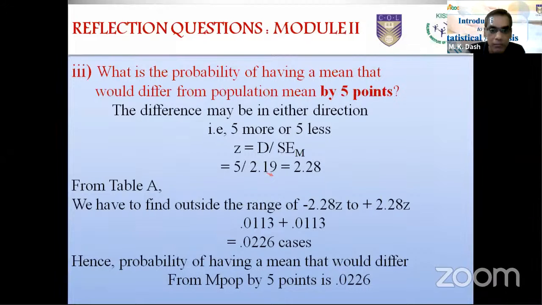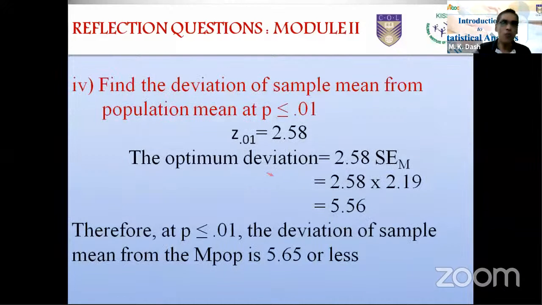This is the probability. Similarly, find the deviation of sample mean from the population mean at probability less than or equal to 0.01, meaning 99%. What is the deviation of sample mean from the population mean at the 0.01 level? Exactly in the same way, at the 0.01 level, what is the critical value? 2.58.